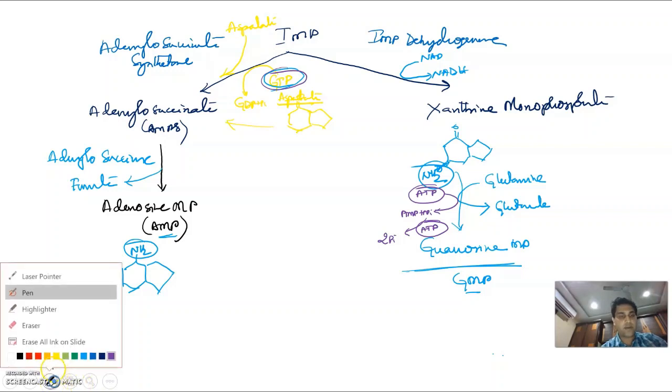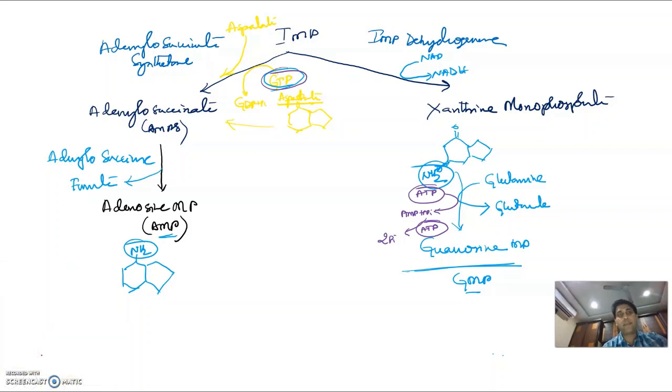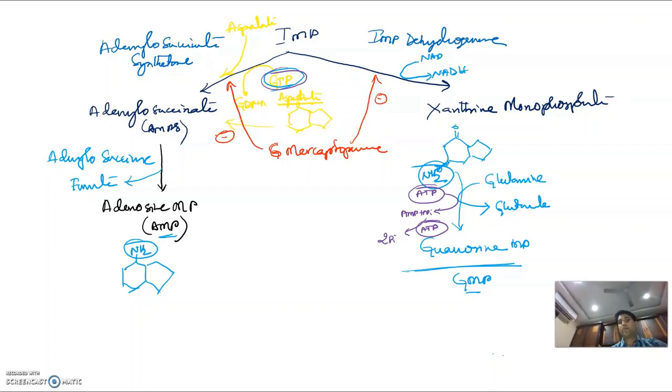Coming to inhibitors of this step, 6-mercaptopurine. 6-mercaptopurine is the inhibitor of adenylosuccinate synthetase and IMP dehydrogenase as well. 6-mercaptopurine is an anti-cancer drug used in ALL and NHL.